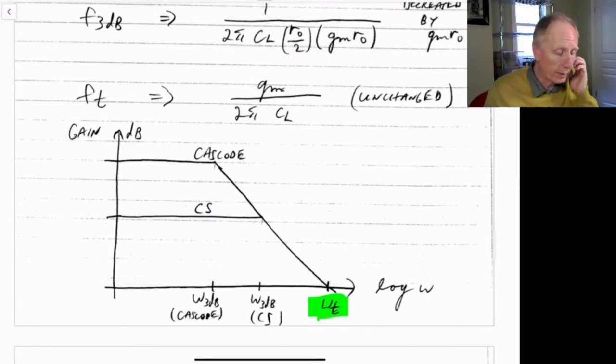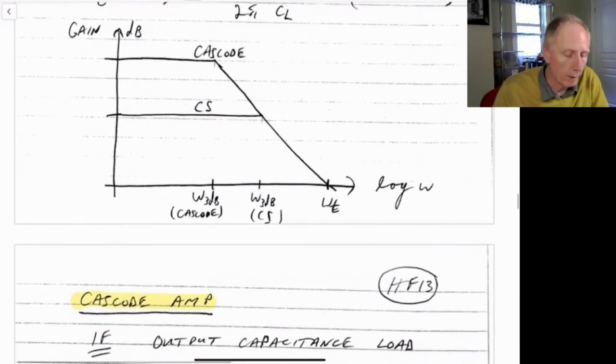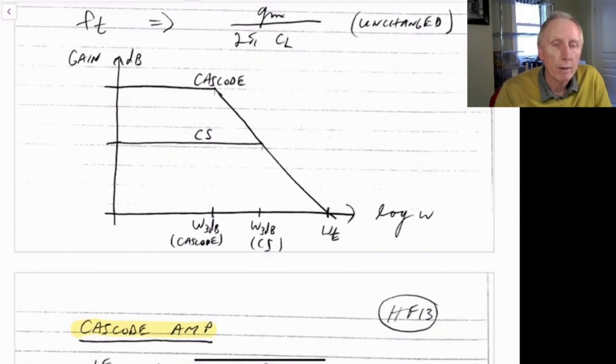So the unity gain frequency doesn't change, but we get a larger DC gain and a lower 3 dB frequency. So that's a cascode amplifier. We haven't extended our bandwidth from a unity gain frequency point of view, but we have a much larger DC gain. In many applications that's of a lot of value, particularly in a feedback loop, where having a much larger DC gain will make the very low frequencies more accurate with feedback going around the entire system.